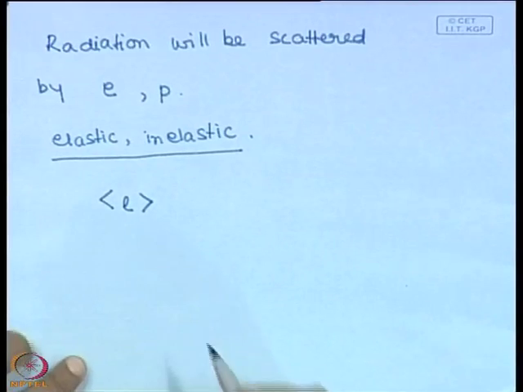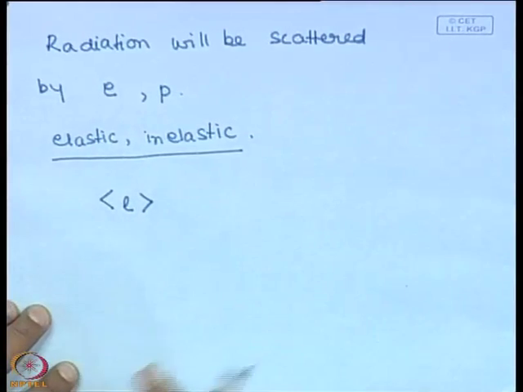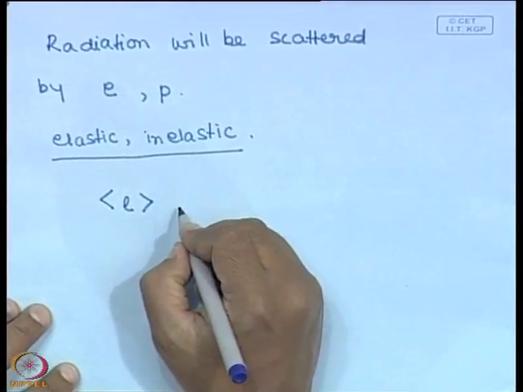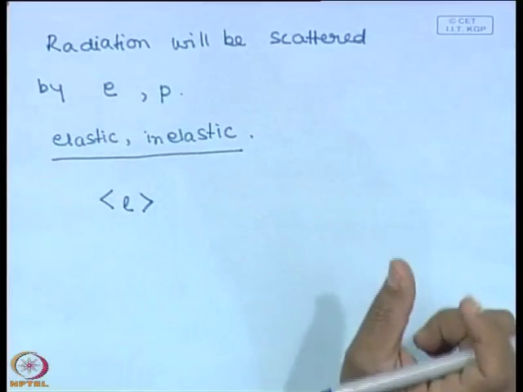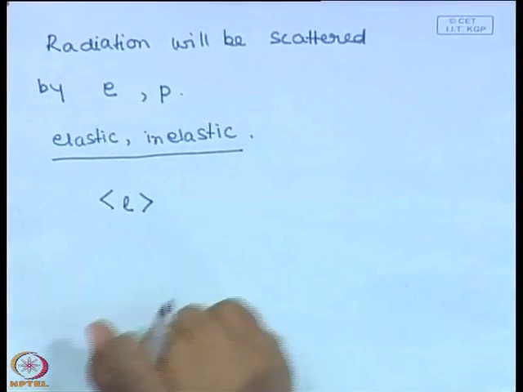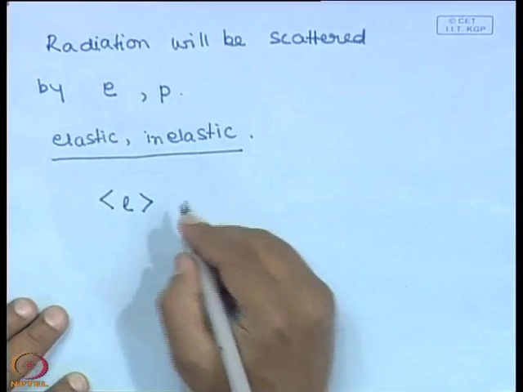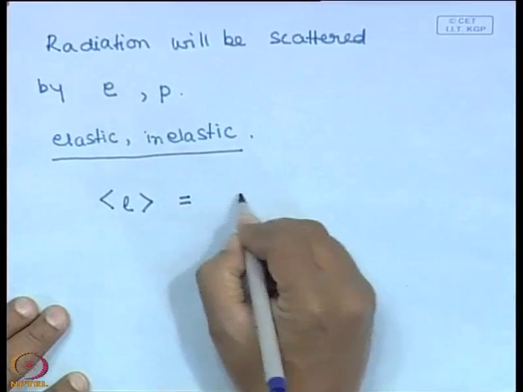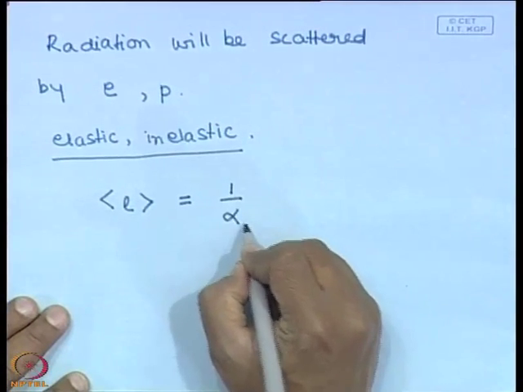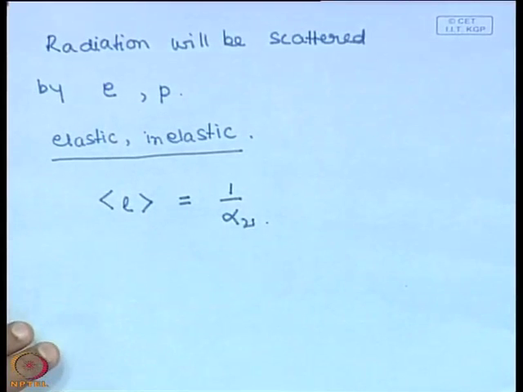So, this is essentially the condition that the length, the distance, into the absorption coefficient should be unity, or this mean free path we have seen is 1 by the absorption coefficient, right.